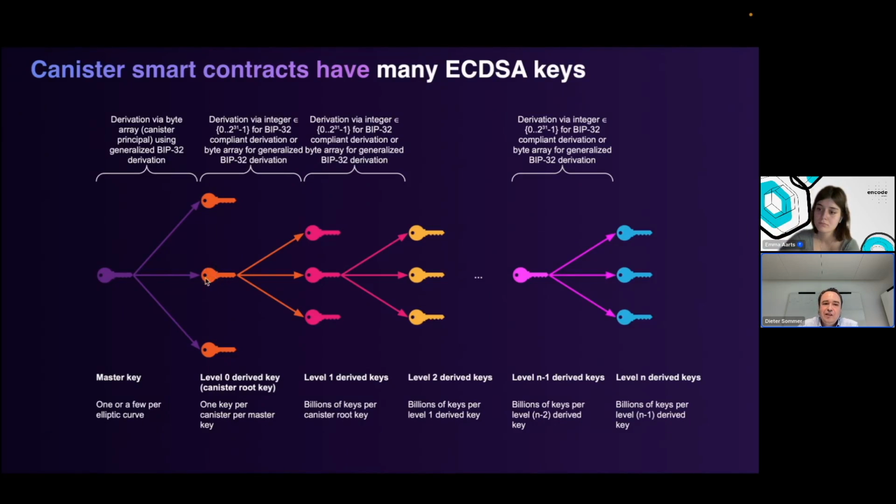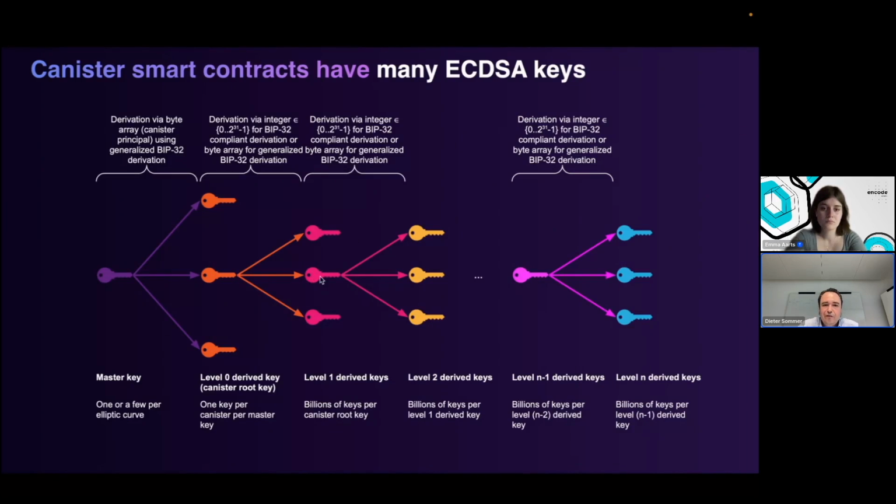Now let's say this is the key for our canister we've been talking about. This is then the canister root key. There's one of those per canister. The canister can either use this canister root key if it only needs one key, or it can use further levels of the derivation hierarchy here. There are 255 levels in addition to the first level, so 256 levels in total.